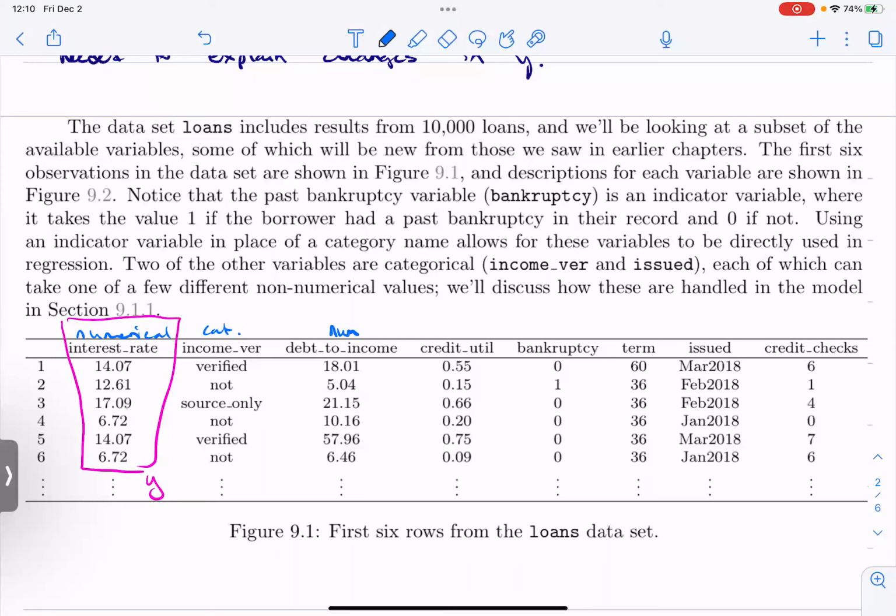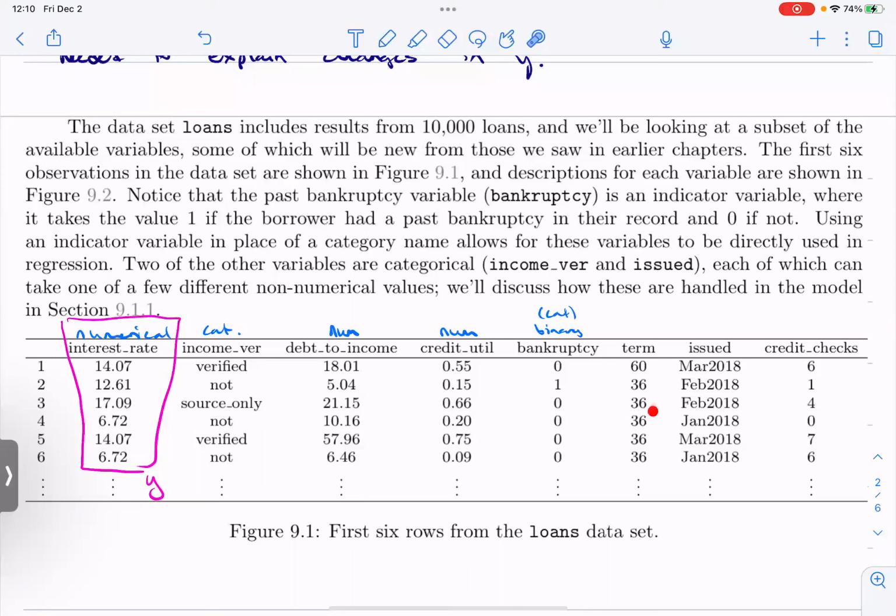Credit utilization, I'm assuming, is numerical. Bankruptcy is a dummy variable, 0s and 1s. It's a 1 if the person has declared bankruptcy, a 0 if they have not, which explains why there are so many zeros there. This is binary, which is of course categorical, but sometimes I like to specify if it is binary.